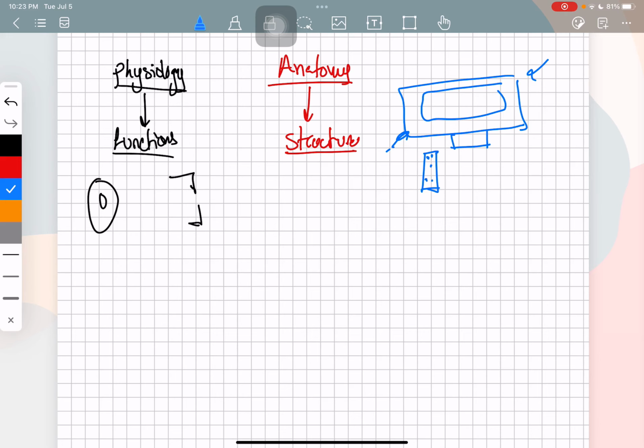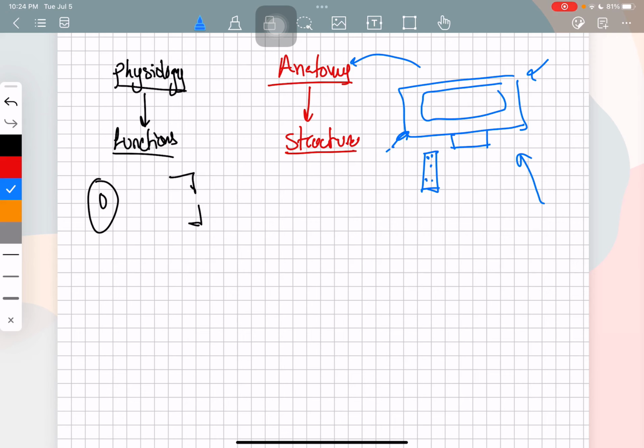That's the anatomy. But if we're going to talk about the physiology, then we're going to talk about the functions: what it does, how, and what are the things that we could do with this thing called a TV. So it is very important to differentiate between them.